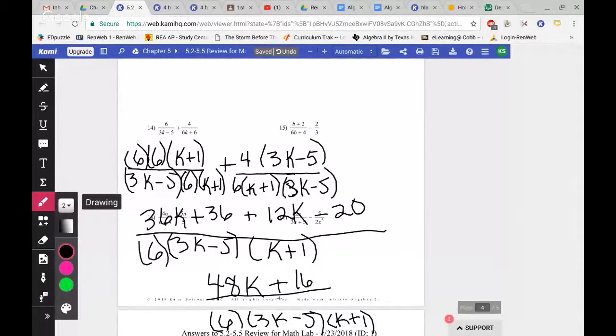Is there something we could do? Did we get an answer? They said you can take out a 6. You can factor. Yes. You can't take out a 6 though. Be careful. You can't take out a 6, but you can factor.